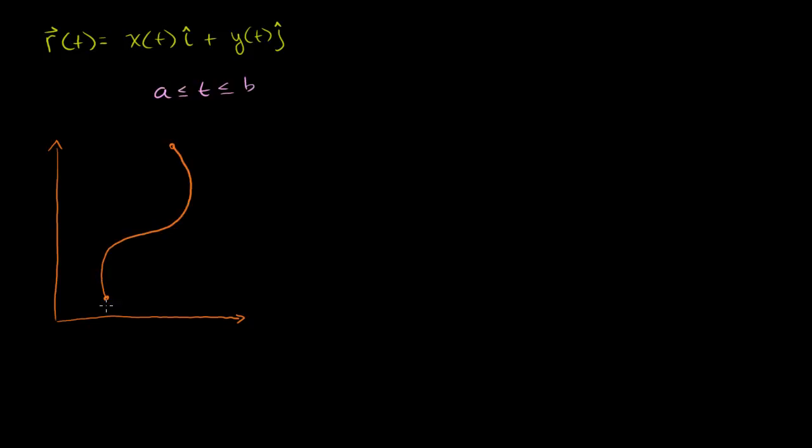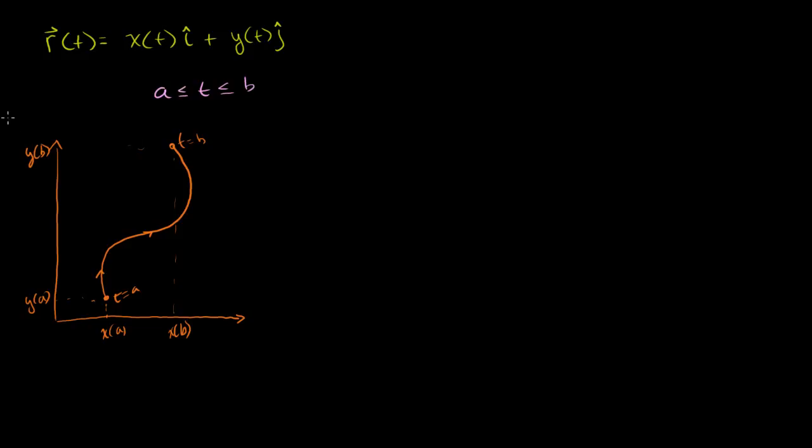This is when t is equal to a, so it's going to go in this direction. This is when t is equal to b right here. This is t is equal to a, so this right here would be x of a. This right here is y of a. And similarly, this up here, this is x of b. And this over here is y of b.